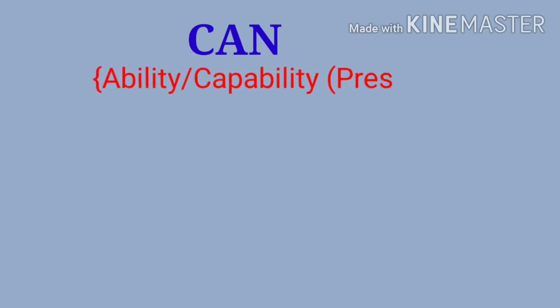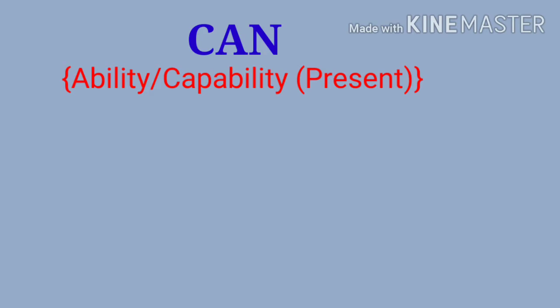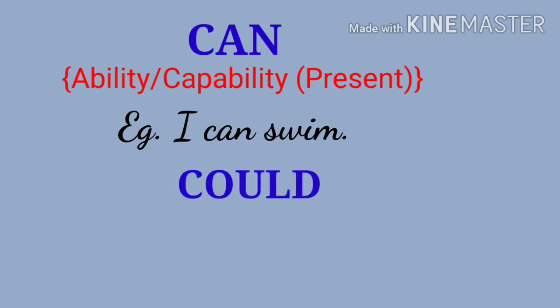The first modal auxiliary is can, which shows ability or capability in present tense. We can see an example. I can swim. In this sentence, you can see that it is an ability. Then could.